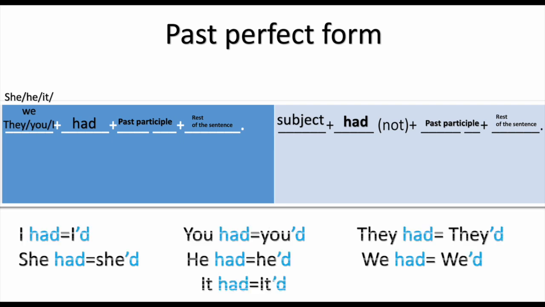Short form: I had, I'd, she had, she'd, you had, you'd, he had, he'd, it had, it'd, they had, they'd, we had, we'd. Let's look at more examples.